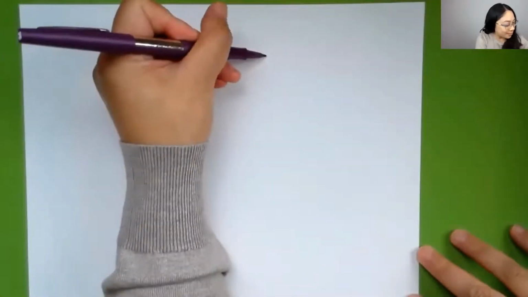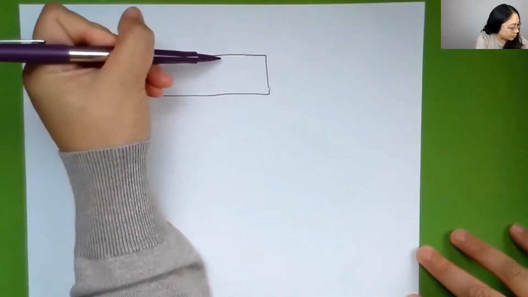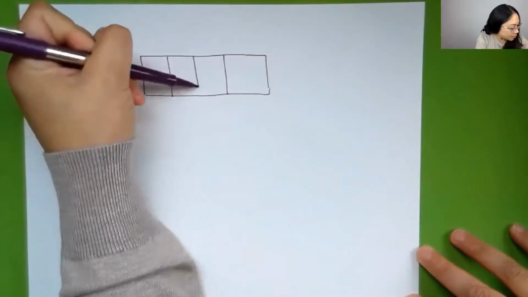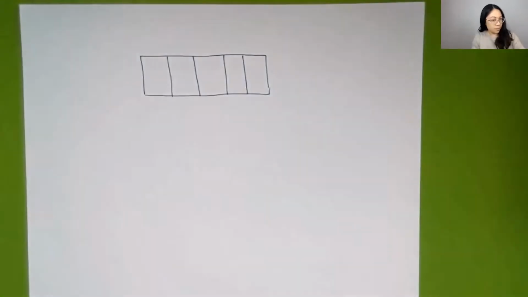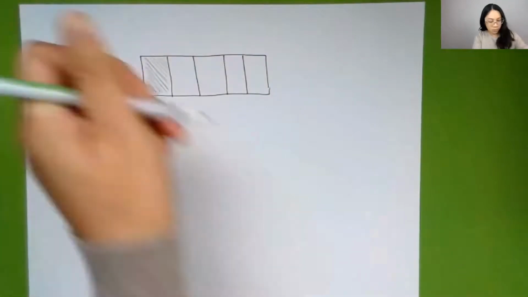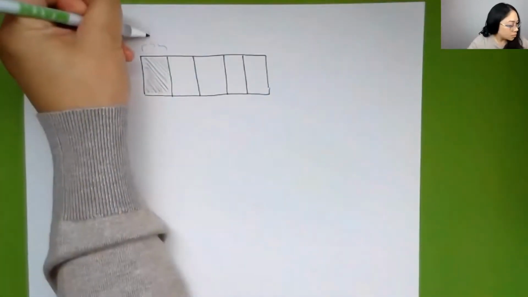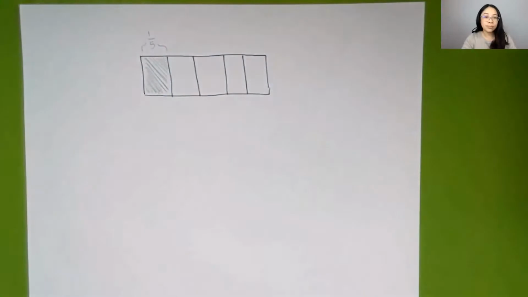Go ahead and draw a tape diagram and shade in 1/5. Next, decompose each of the fifths into 3 equal parts.